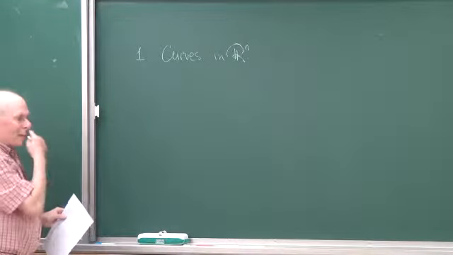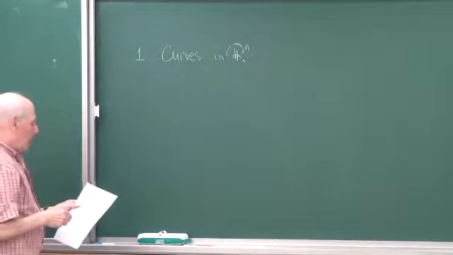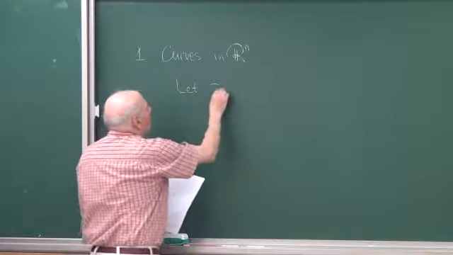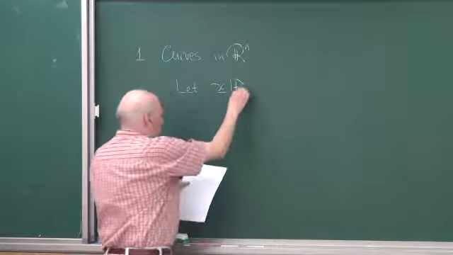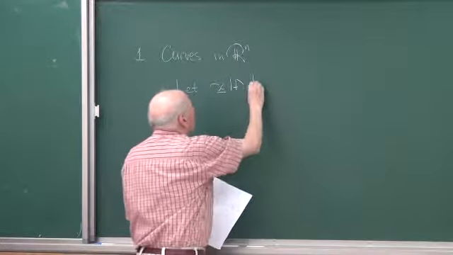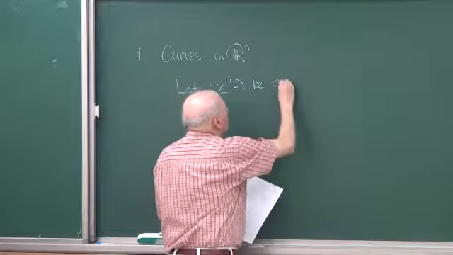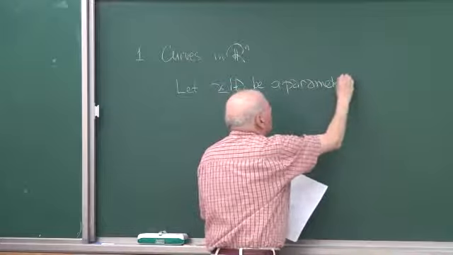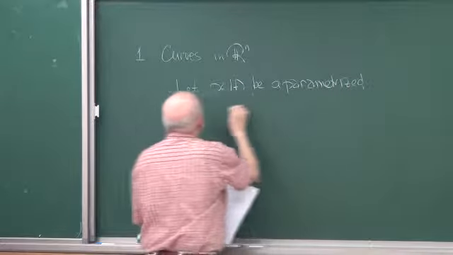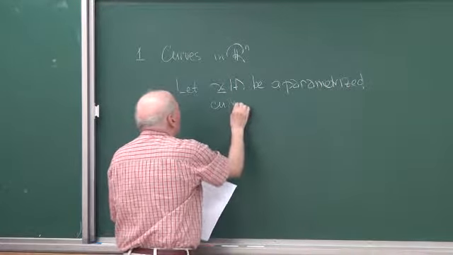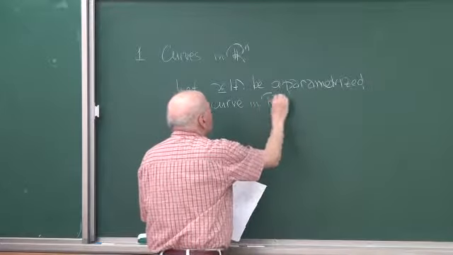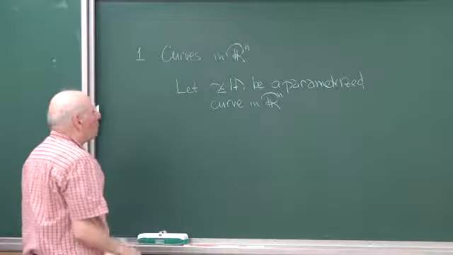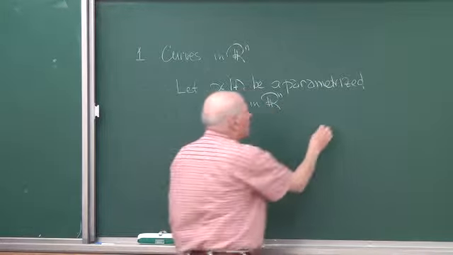So the first topic is curves in Rn, and so let x of t be a parametrized curve in Rn. Okay, and from Pythagoras we know how to find arc length.